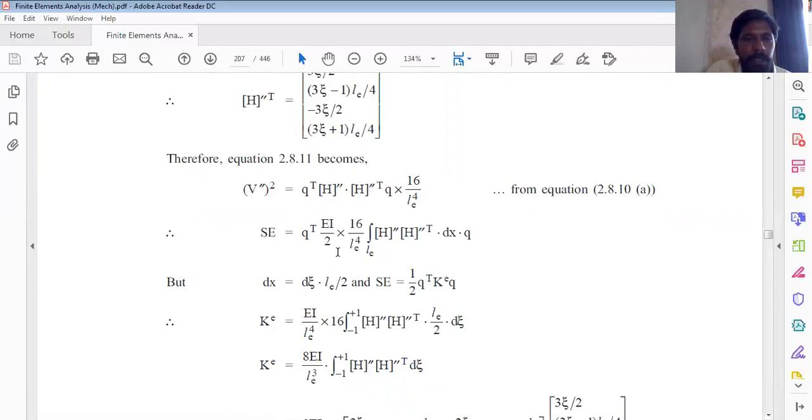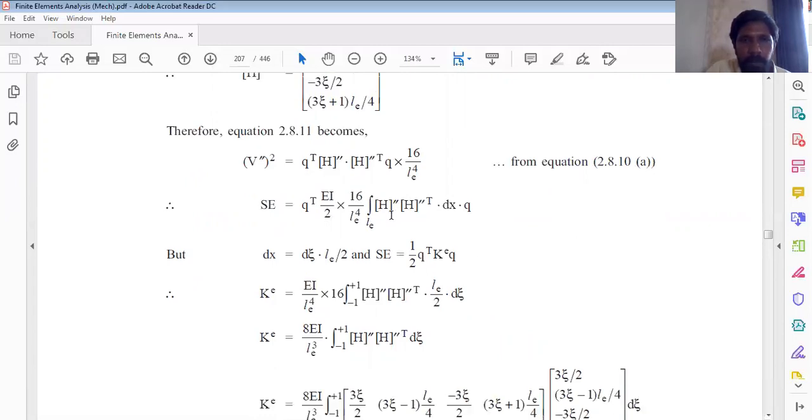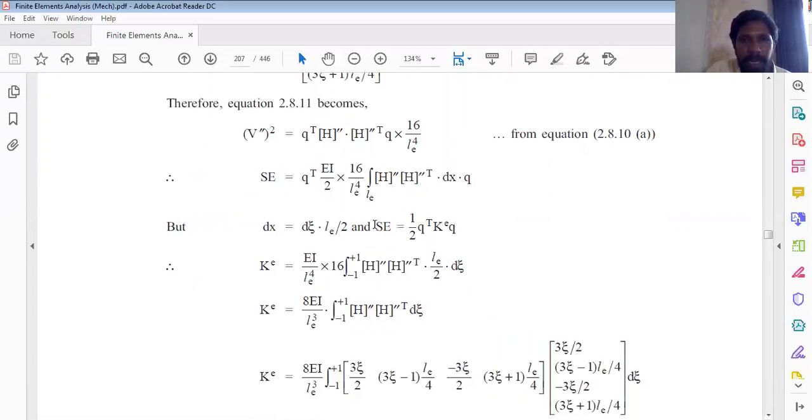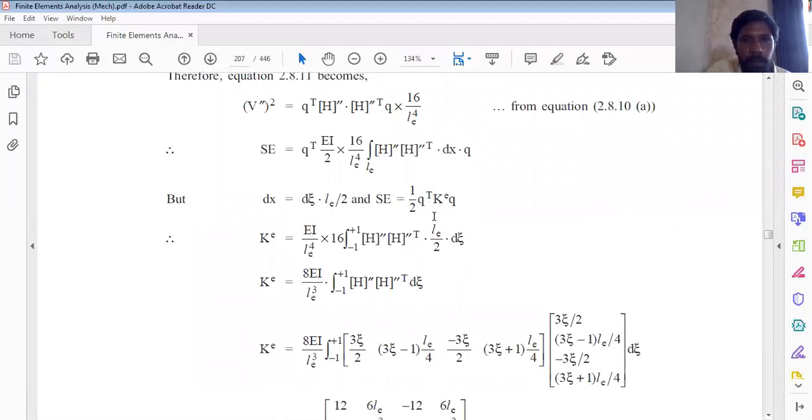So the strain energy will be equal to, after substituting the value 16 by Le to the power of 4, the integration over the length Le of H double dash transpose dx into Q. Substituting dx equals d zeta Le by 2, the strain energy can be written as half Q transpose K into Q, where K is the stiffness matrix, and the stiffness matrix of the beam element is given by this.